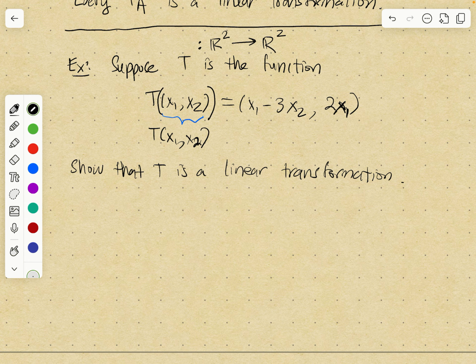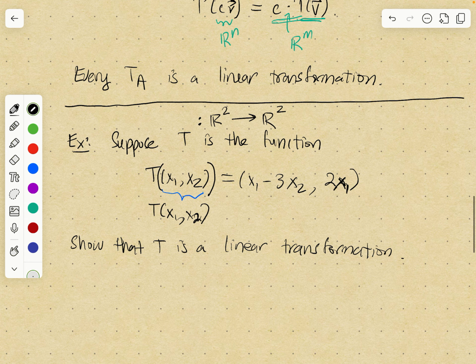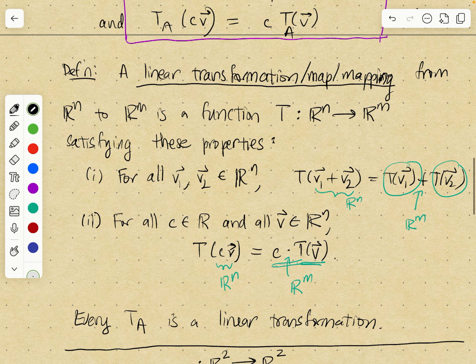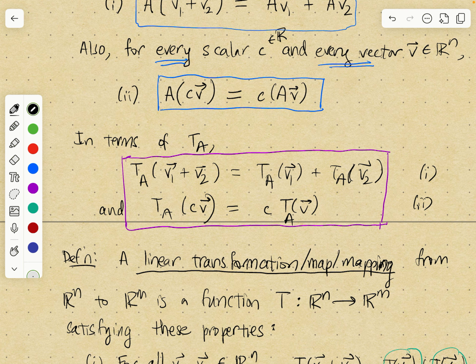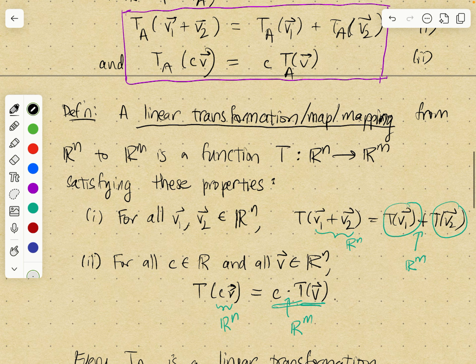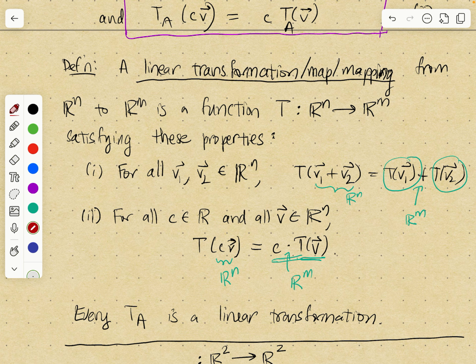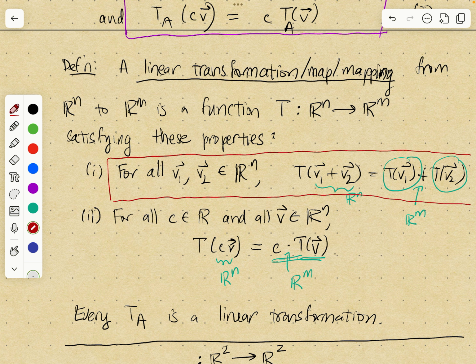So how do we do that? To show that something is a linear transformation, we need to show that two properties are satisfied. The first property is that for all v1 and v2 in Rn, T of v1 plus v2 equals T of v1 plus T of v2.